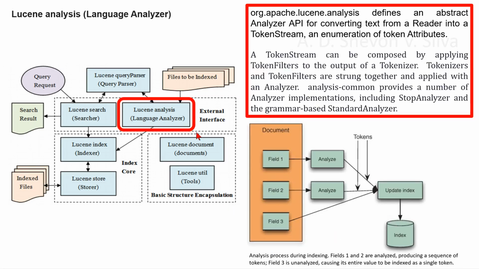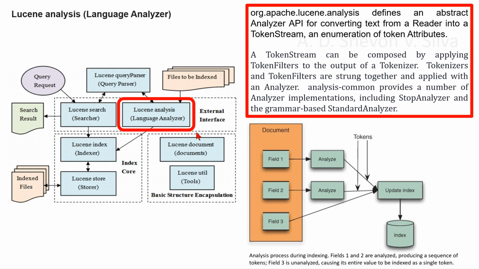Now we are focusing on Lucene analysis, language analyzer. org.apache.lucene.analysis defines an abstract analyzer API for converting text from a reader into a token stream and enumeration of token attributes.